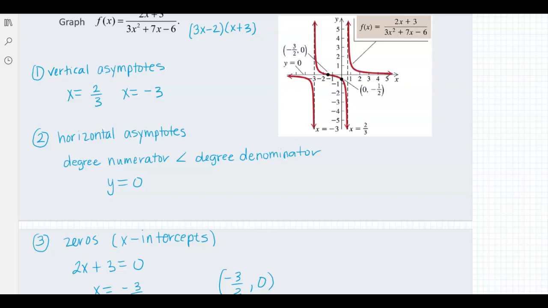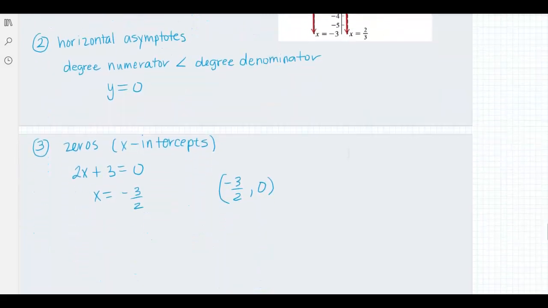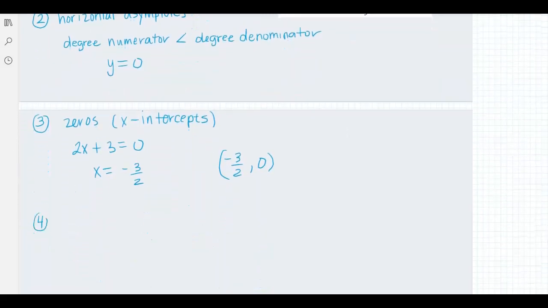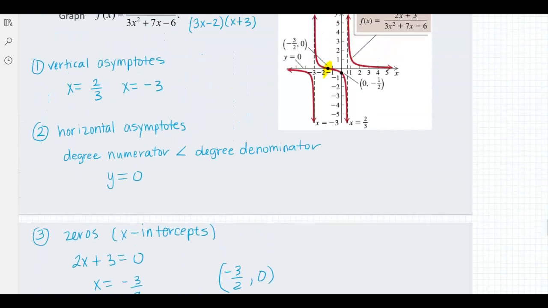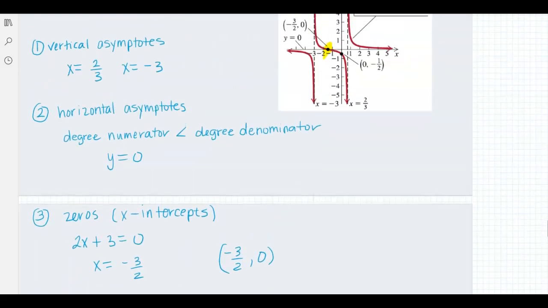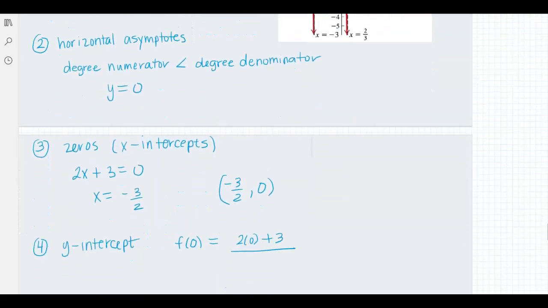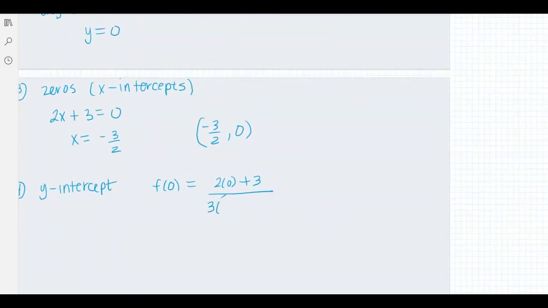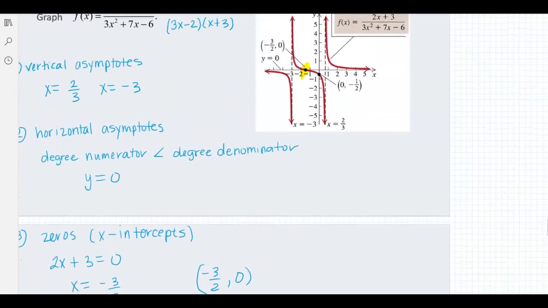And that's reflected right here. And then we'll find the y-intercept by plugging in 0 to the original. So again, 2x plus 3, 2 times 0 plus 3, over 3x squared plus 7x, is it plus 3?